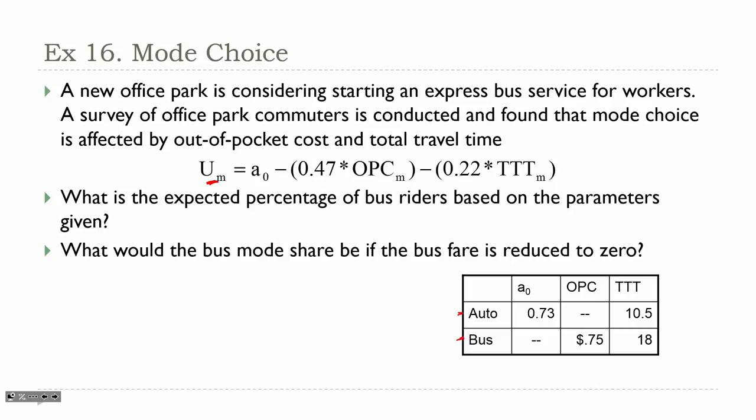We are given each parameter for plugging into it. So the utility for the auto is 0.73 minus 0.47 times the out-of-pocket cost. There's none for the automobile, even though really there's gas, but we're going to ignore that in this problem. And then minus 0.22 times the travel time of 10.5.